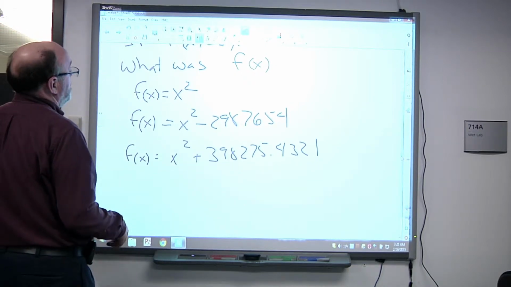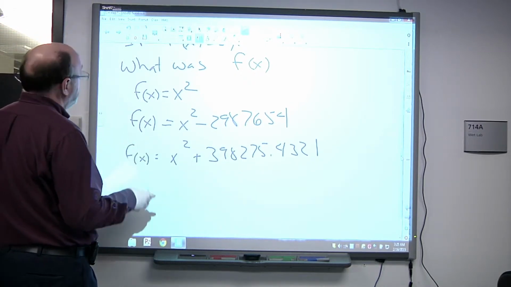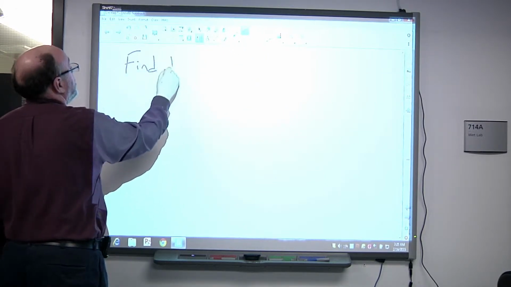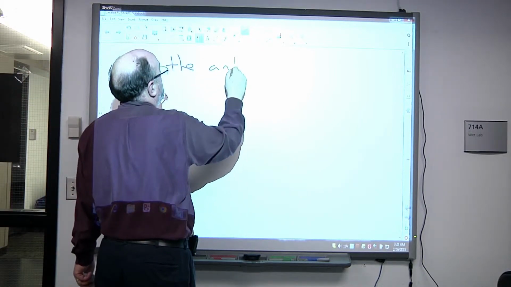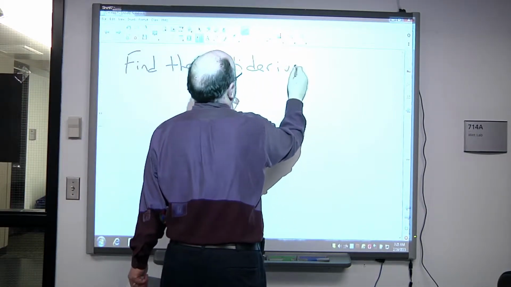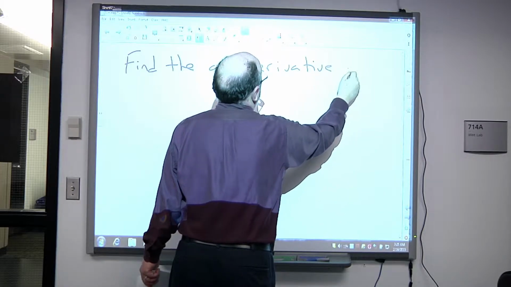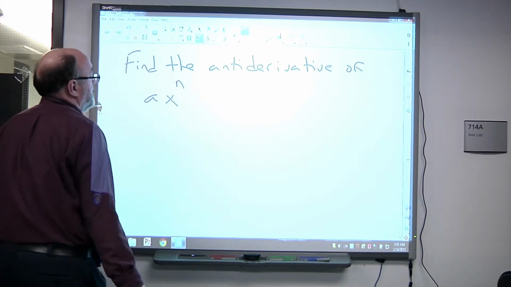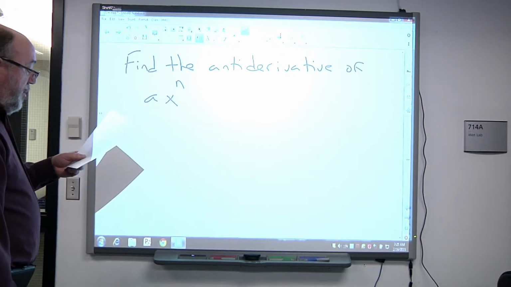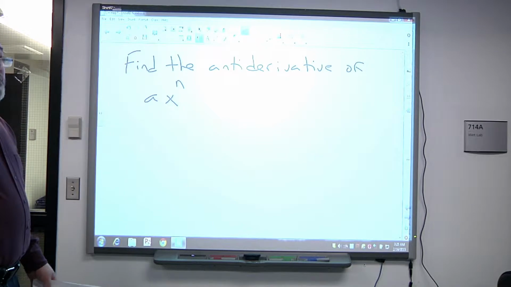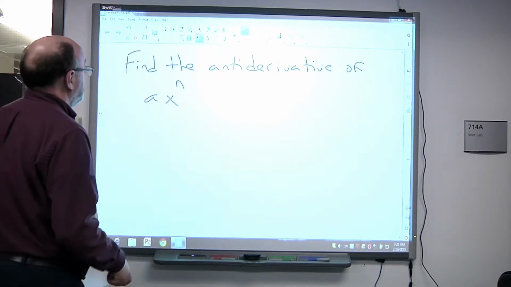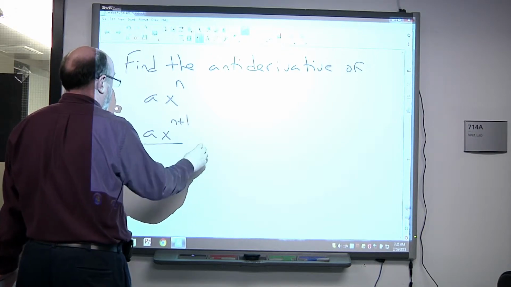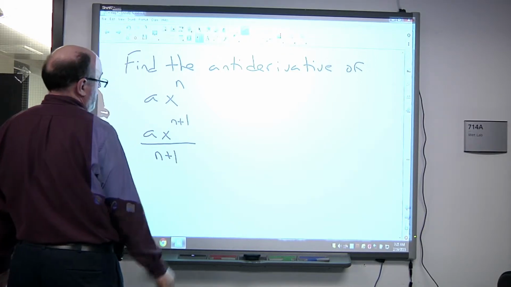So in terms of doing the antiderivative then, let's say we want to find the antiderivative of something in this form, ax to the n. Well, basically we're going to do the opposite of what we did when we did derivatives. So now the process is this is going to be ax to the n plus 1, and now we divide by n plus 1.